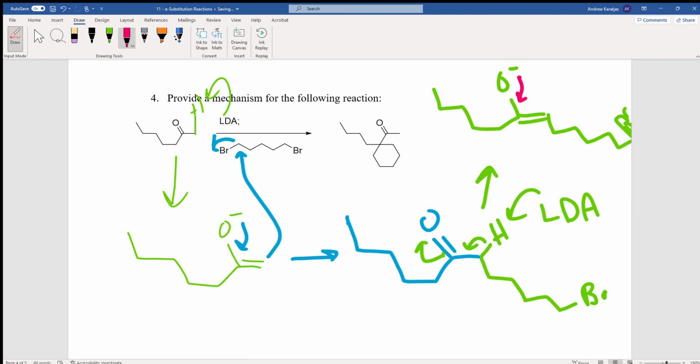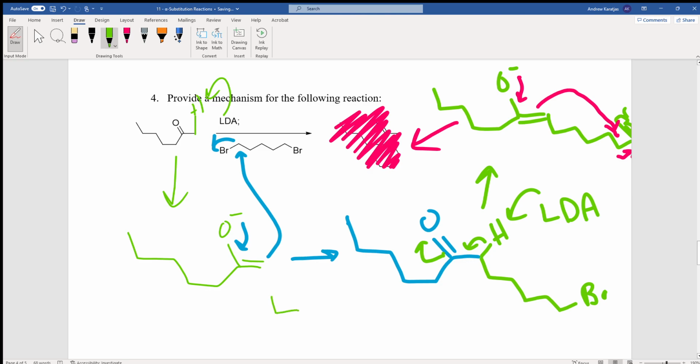The enolate can attack that, kick out the other bromine, closing down the ring and giving us our product. And let's fix that, because the actual product here, given that we're dealing with LDA, should be coming from the less substituted enolate.